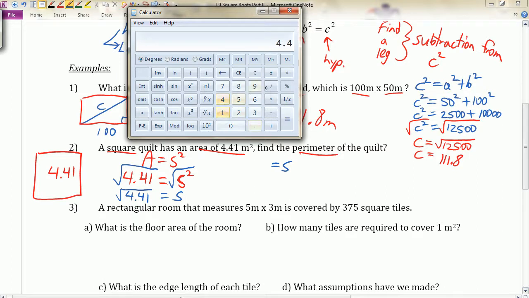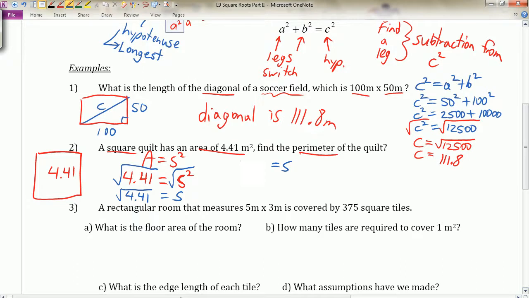Please make sure you're doing this on your calculator so you know if you can get the right answer too. So I get 2.1. Is that the final answer? No. That's just the side length, but we want the perimeter.